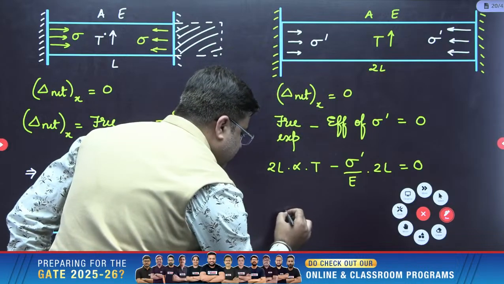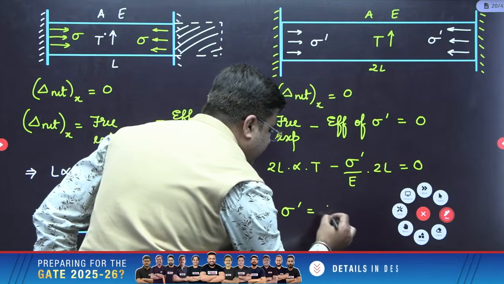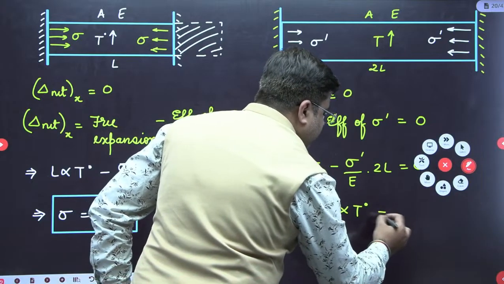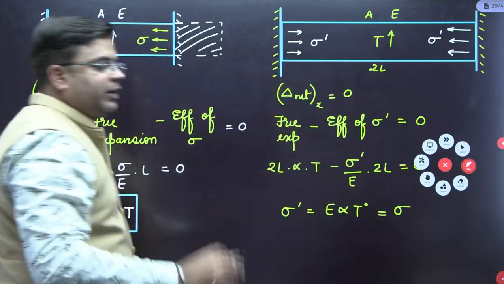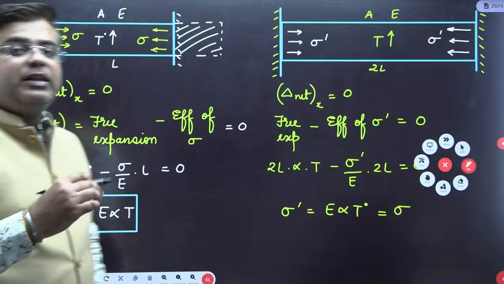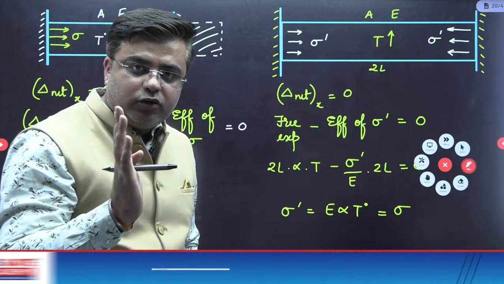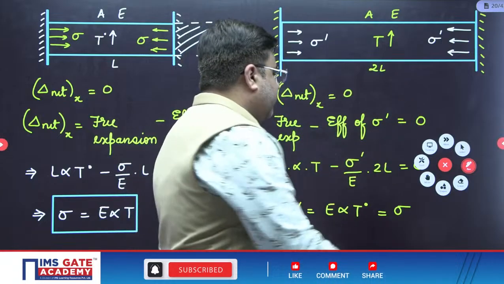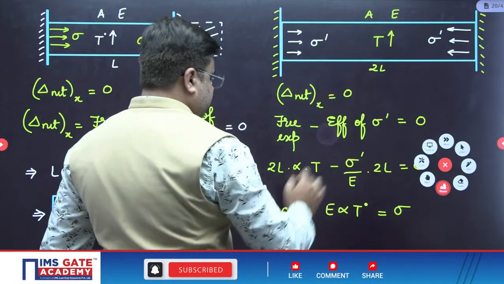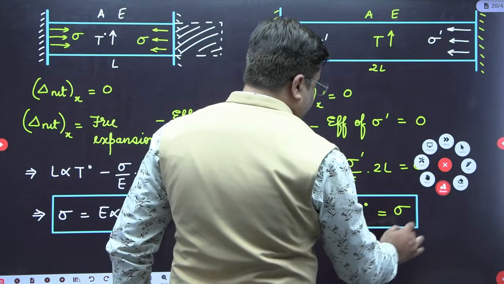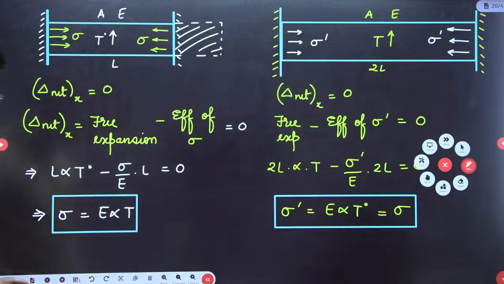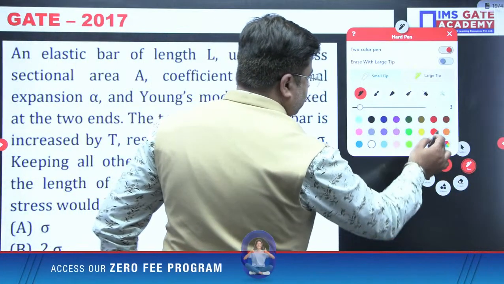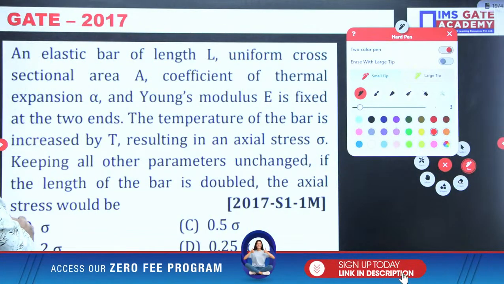So from here, what is the value of sigma dash? Sigma dash is again coming out as E alpha T, which is nothing but your sigma. So even with the change in length, there will be no change in thermal stress. Even after the increase in length, the thermal stress produced will be the same as the initial thermal stress. So sigma dash will be equal to sigma. So for this question, option A is the correct answer.